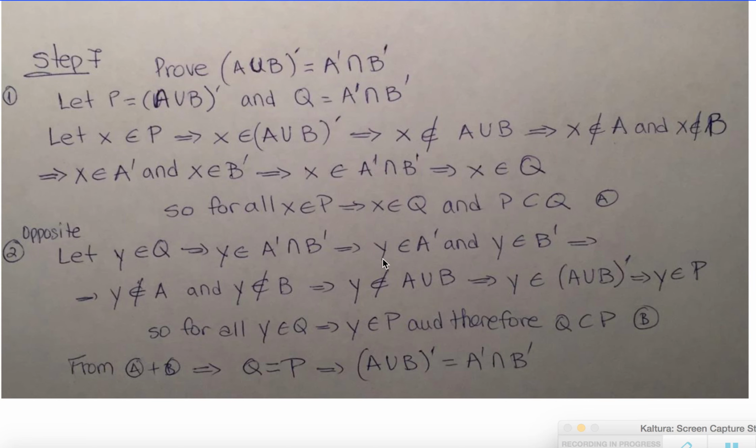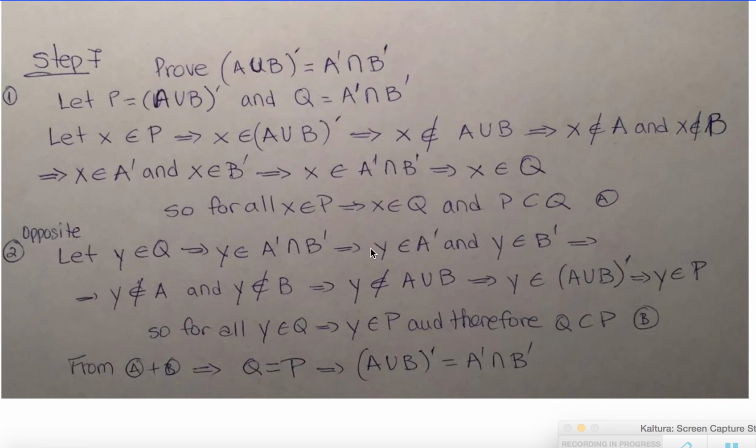This means that Y belongs to A complement, and at the same time, because it's the intersection, Y belongs to B complement. This means that Y does not belong to A, because it belongs to A complement, and Y does not belong to B.